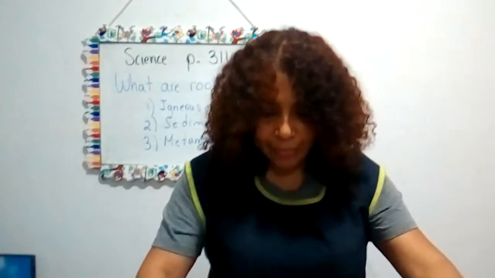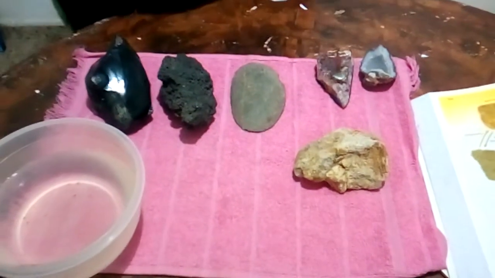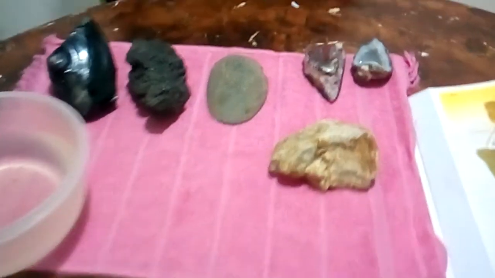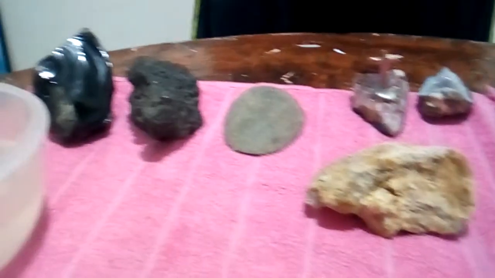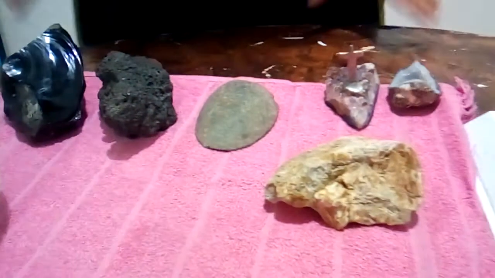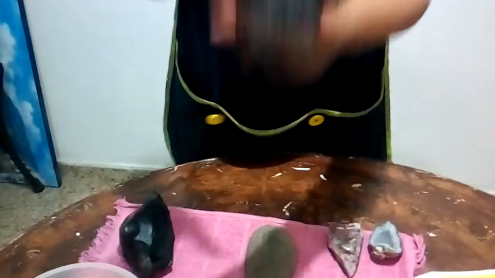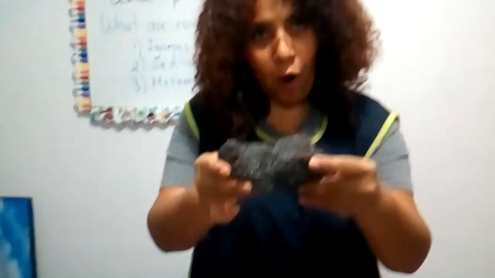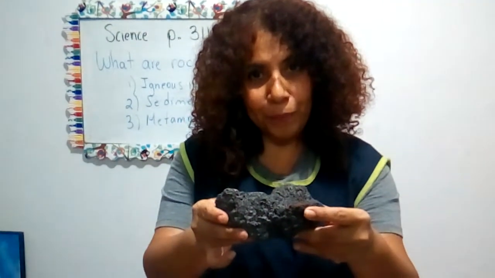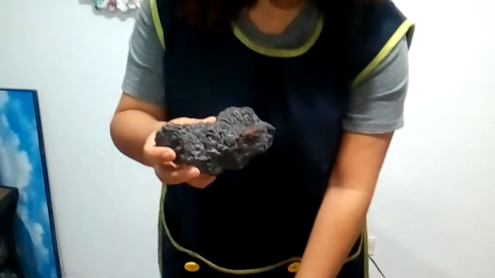Okay, now look at the table that I have here, and I have some special rocks that I want to show you, and this is your homework. Look, I have these special rocks here. I told you that this is a volcanic rock. Now, you know the name, volcanic rock, volcanic. And this one here is a rock from a river.